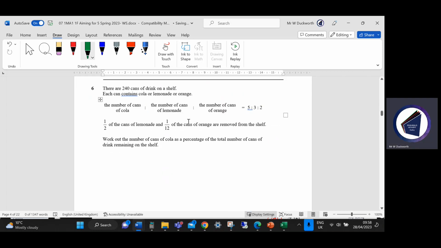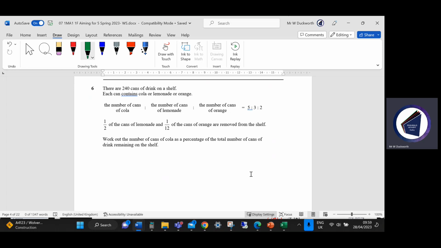Right, question 6. There are 240 cans of drink on a shelf. Each can contains cola or lemonade or orange. So we've got our ratio, cola, lemonade to orange, 5:3:2. Half of the cans of lemonade and 1/12 of the cans of orange are removed from the shelf.